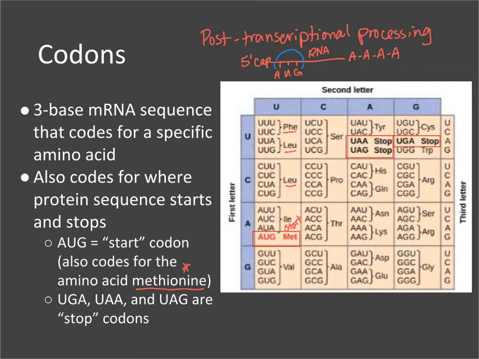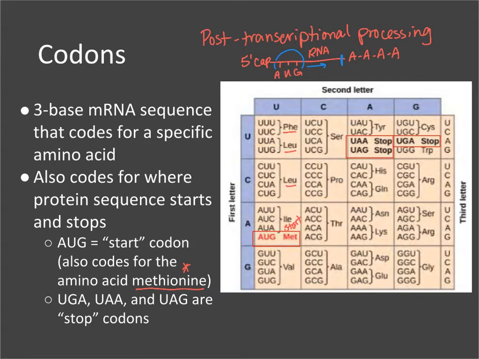Now, this translation is going to happen in one direction along the RNA, where the ribosome is now going to expose the next codon and then the next codon. But ultimately, it has to stop before it gets to the other end of the RNA, because once again, the 5' cap and the poly A tail are not supposed to be translated.